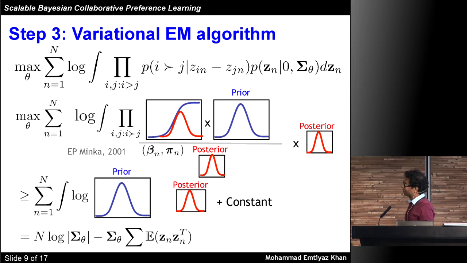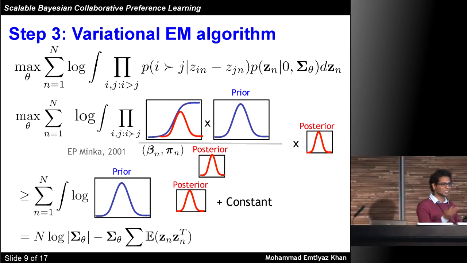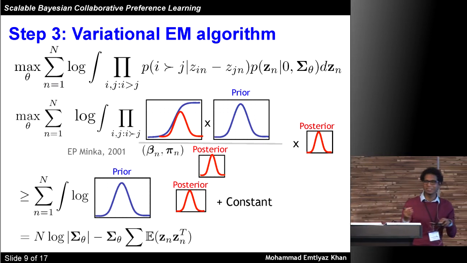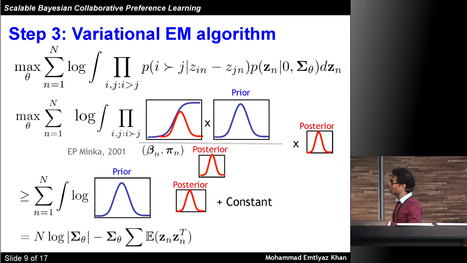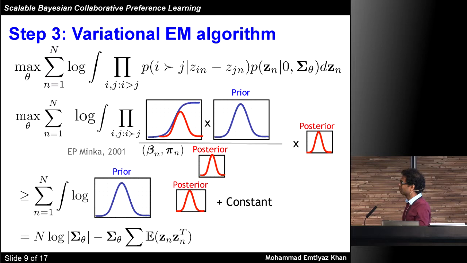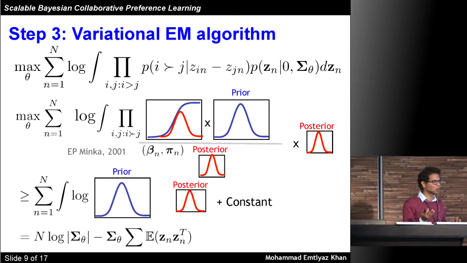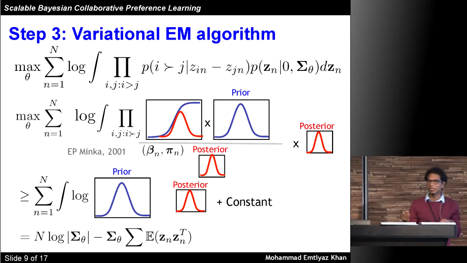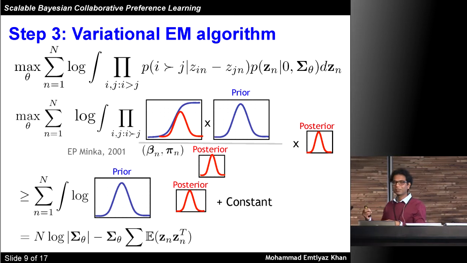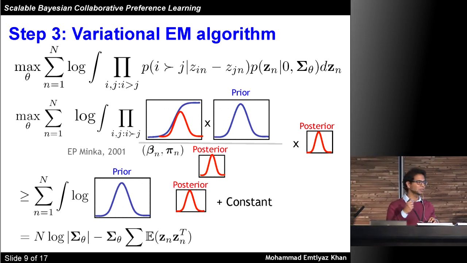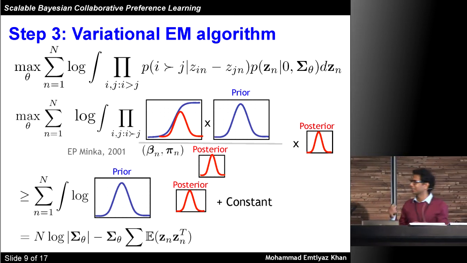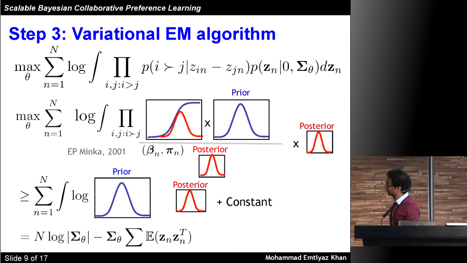So let's say you get your posterior distribution. Now everything is Gaussian. And now you want to do the usual EM trick, so you multiply and divide by the posterior, take the log inside, and invoke Jensen's inequality to get a lower bound. The goal is to get a lower bound that is tractable, which you could maximize with respect to theta in closed form.